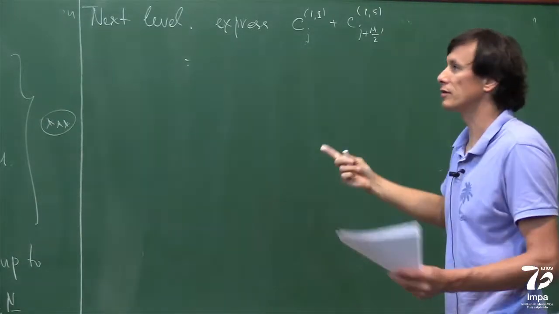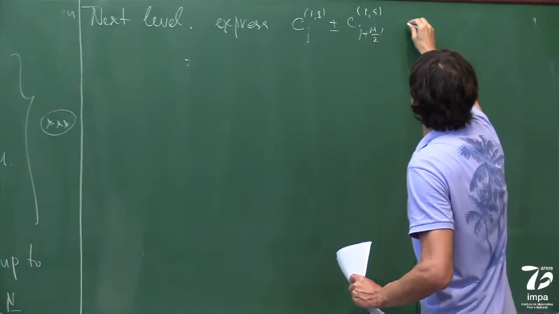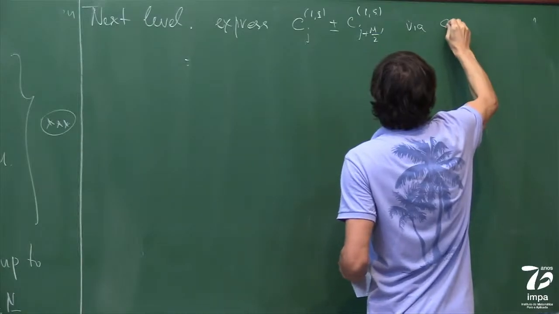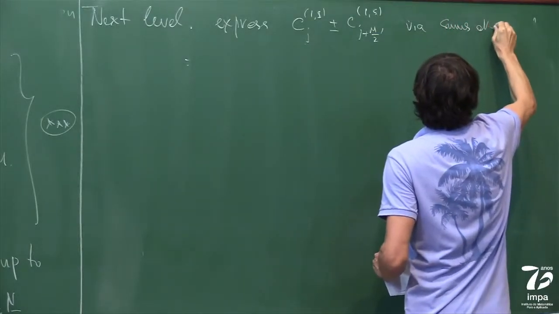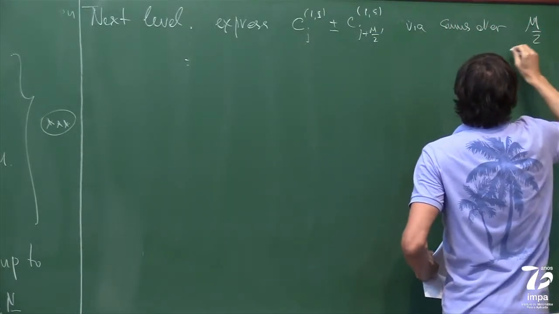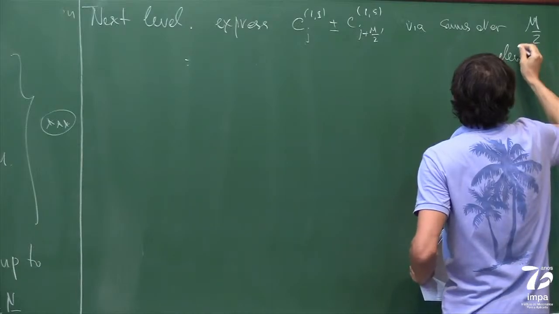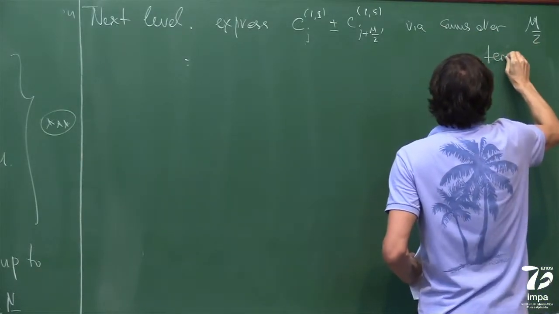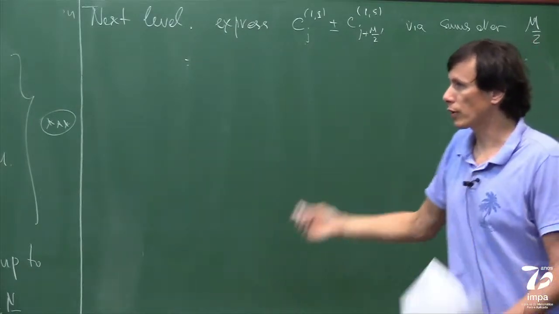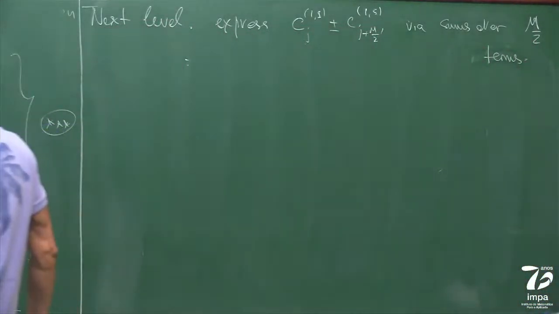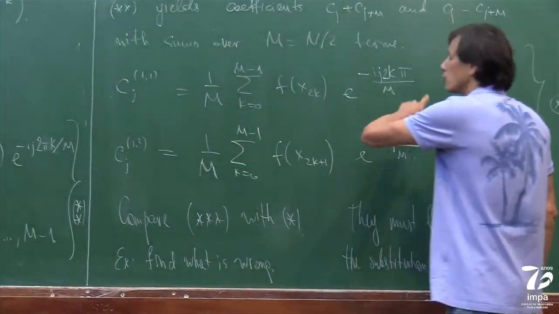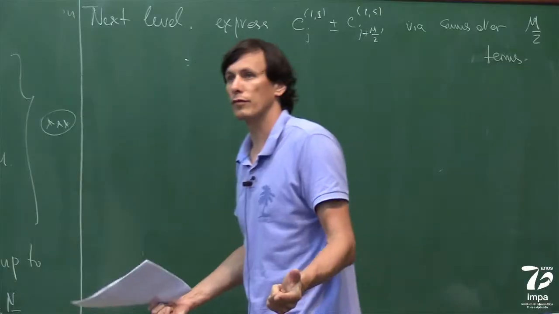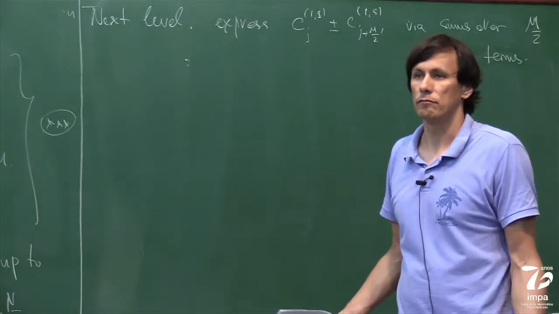You take sums and differences via sums over m over 2 terms. So you can again take sums and differences, and then it decreases the number of terms by 2 again.